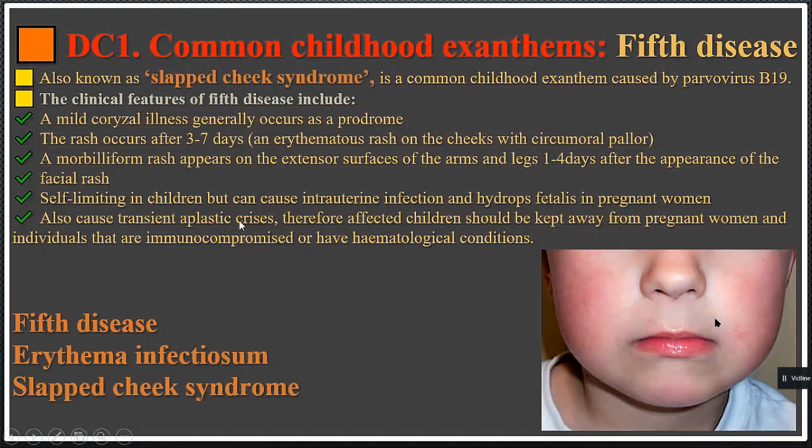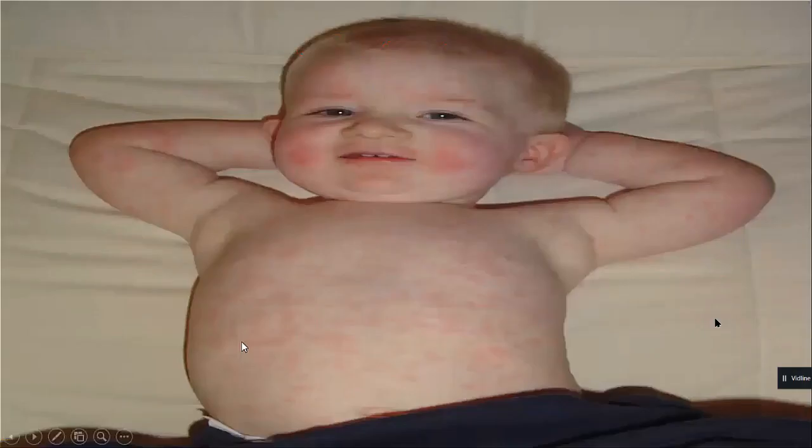Also it can cause transient aplastic crisis. You have to be familiar with that. Therefore, affected children should be kept away from pregnant women and individuals who are immunocompromised or have hematological conditions. Again, you have to be familiar with different names: fifth disease, erythema infectiosum, slap-cheek syndrome, as you see here.